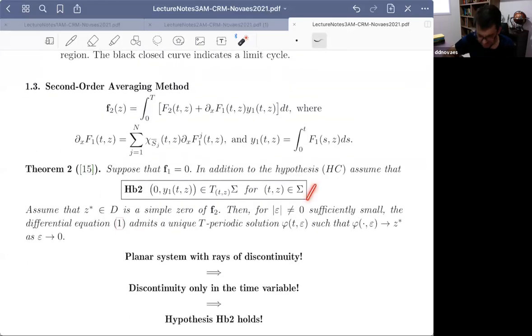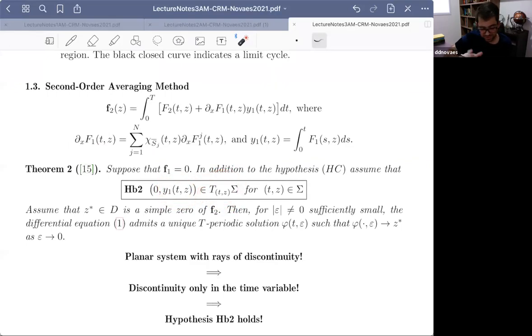This can be seen as a strong hypothesis, but it's actually providing that this function is the bifurcation function for this case, provided a condition between the perturbation, because y1 depends on the perturbation, and it provides a relationship between the perturbations and the geometry of the discontinuity manifold.